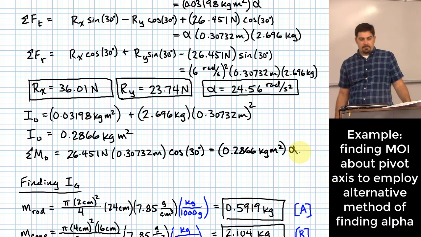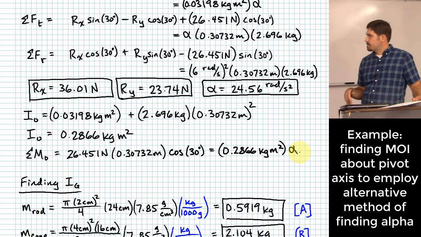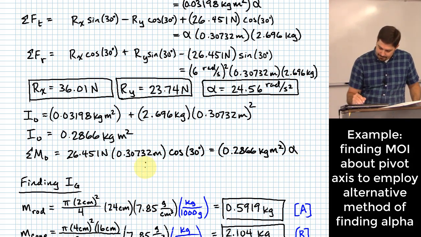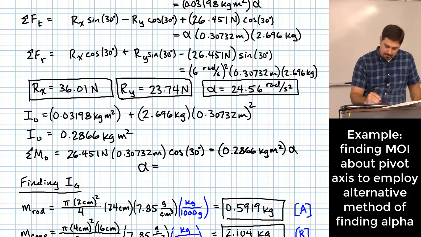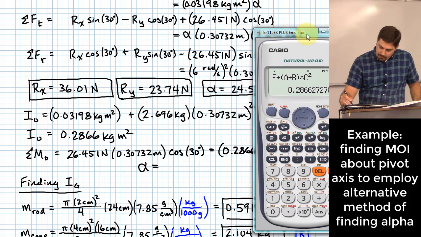Right? We basically figured out what that moment of inertia was around the proper axis, and now finding alpha becomes really easy. And it should, if I didn't make any errors in writing that down, give me the same alpha as I got the way that I just did it.